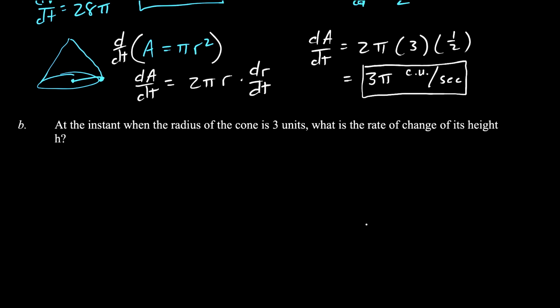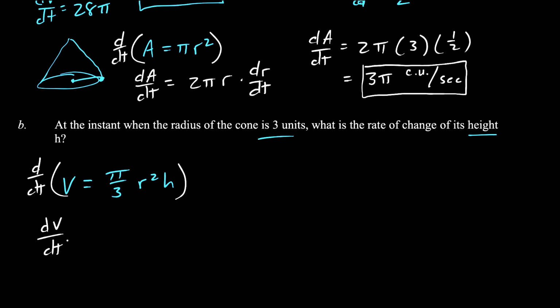Second part: at the instant when the radius is 3 units, so again, we're at that time, what is the rate of change of its height, h? So now we need something that involves h, and the only thing we can use now is the formula for volume. So I'll write that as pi over 3 r squared h. This is where we d/dt this, and naturally we're going to get dV/dt on the left side.